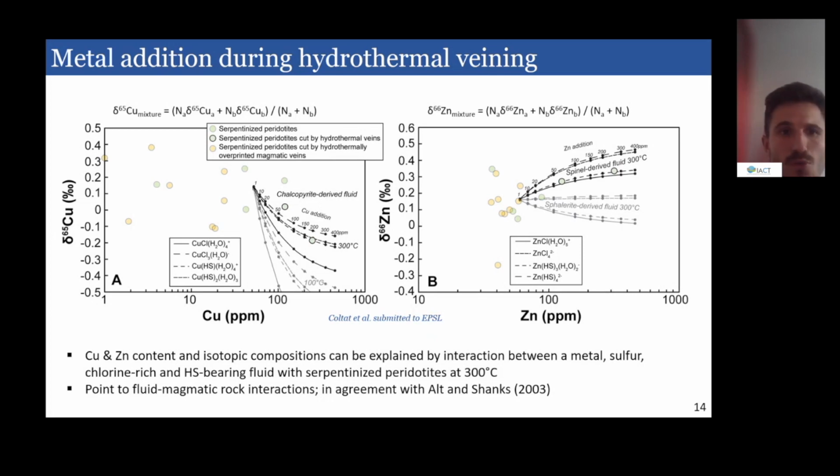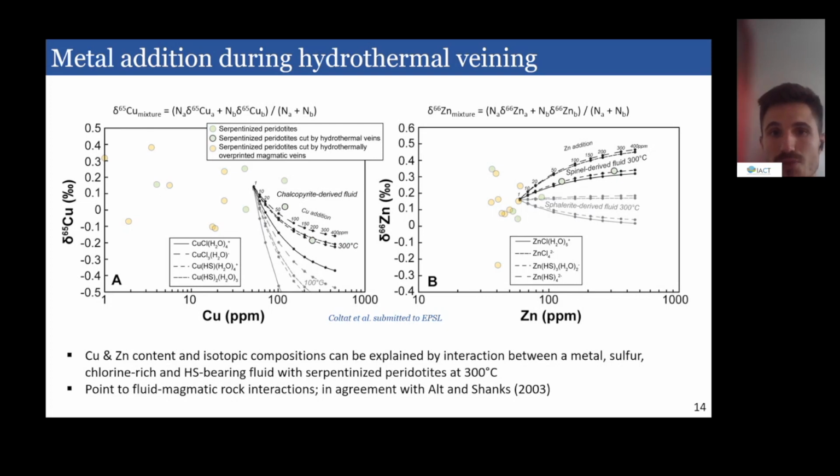We modeled this at different temperatures from different sources of metal, and we observed that the geochemical composition of our serpentinized peridotite cut by hydrothermal veins can be explained by fluid-rock interaction at 300 degrees C from a fluid which would have leached out the copper from chalcopyrite and the zinc from spinel.